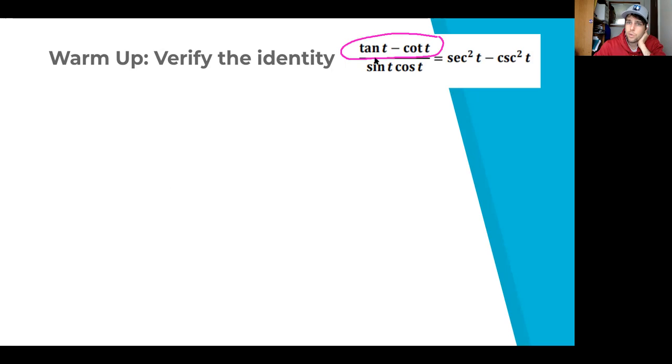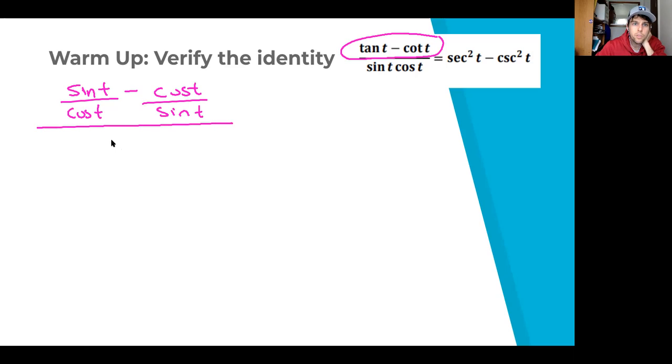First thing I'm going to do is rewrite the numerator in terms of sine and cosine. So I have sine t over cosine t minus cosine t over sine t, and that's all divided by sine t cosine t.